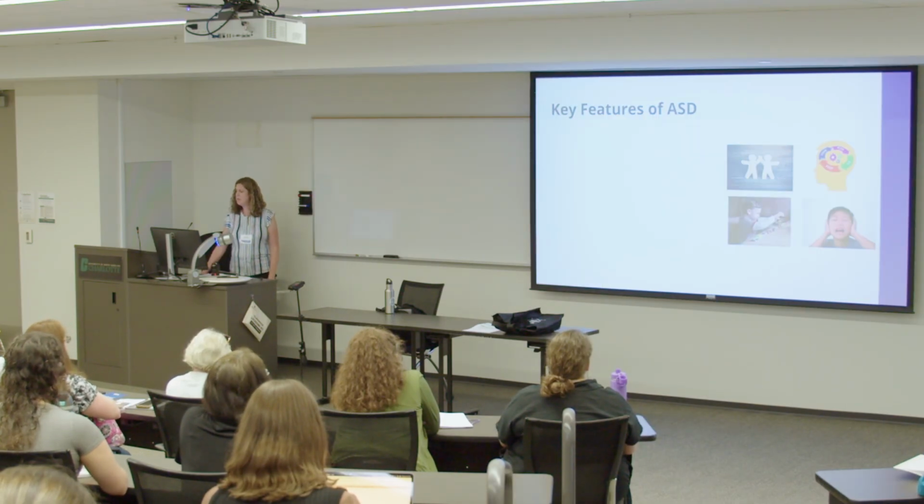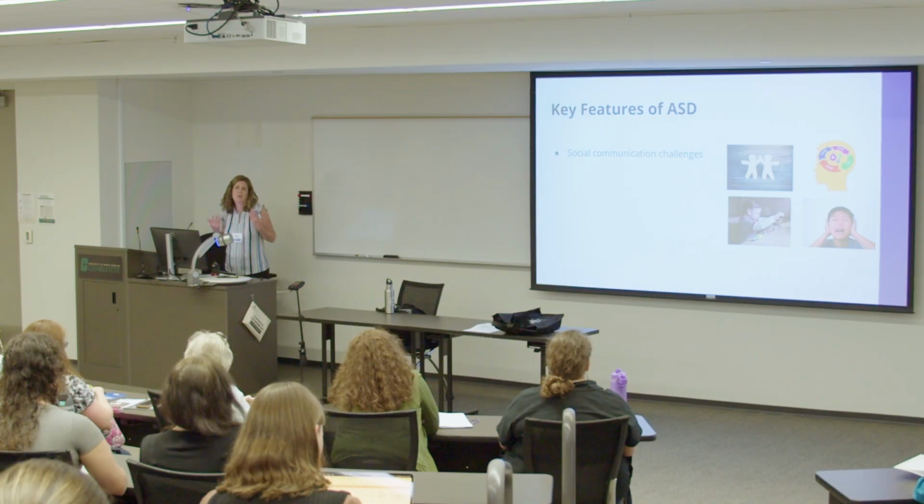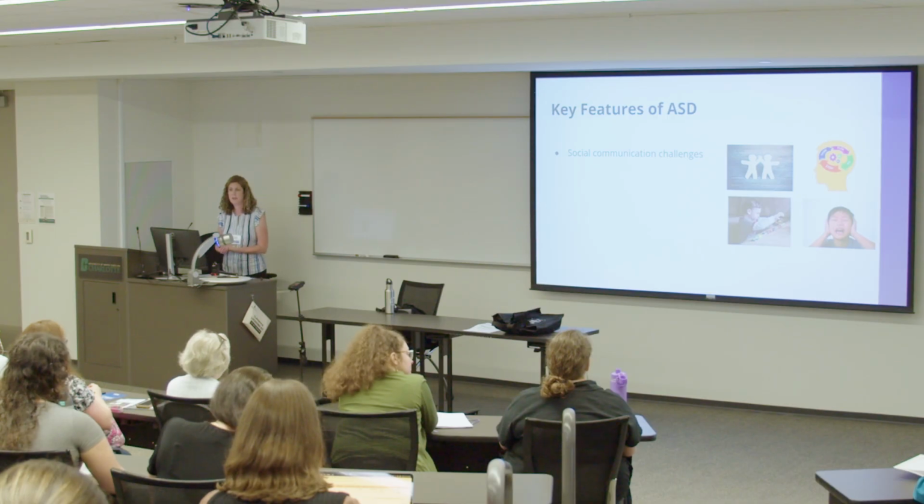So some key features of autism spectrum disorder, like we mentioned, are the social communication challenges. So this would be things like having a back and forth conversation, the person knowing how to initiate or how to stop an interaction, physical boundaries. All of those things fall into social communication challenges.